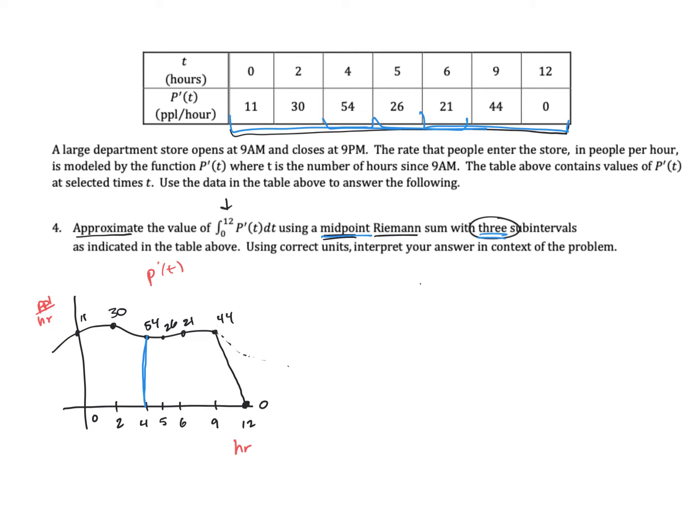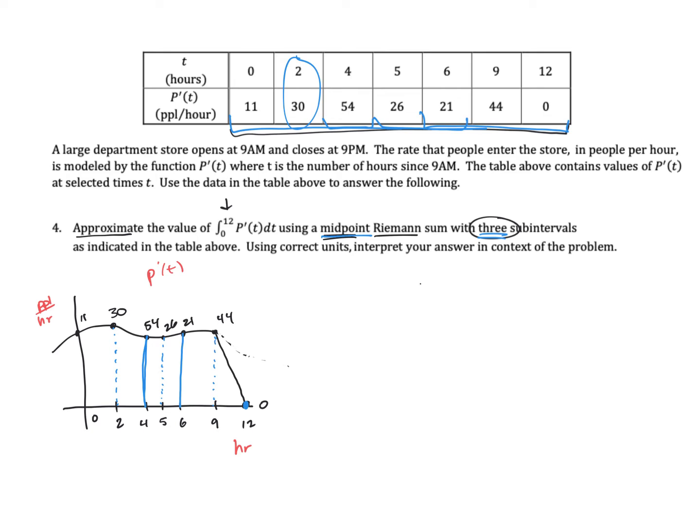The subintervals don't have to be the same, but I want the midpoint, and since I'm working with a table, I'm going to go in the middle, which makes 2 the midpoint. Then if I go over to 6, that makes 26 the middle. And last but not least, 12, and that makes 9 the middle.